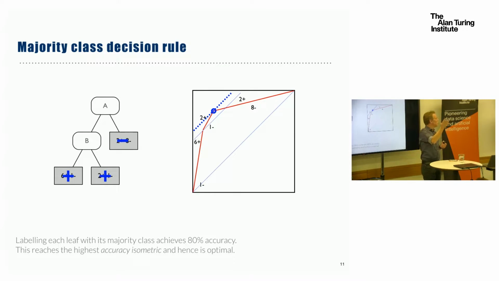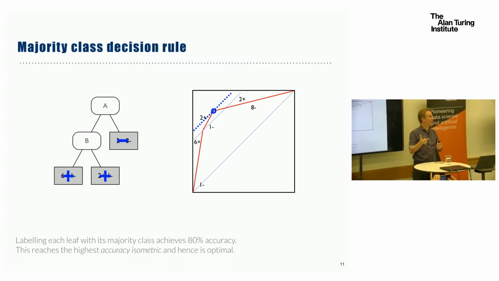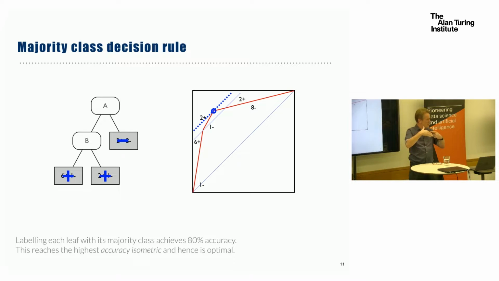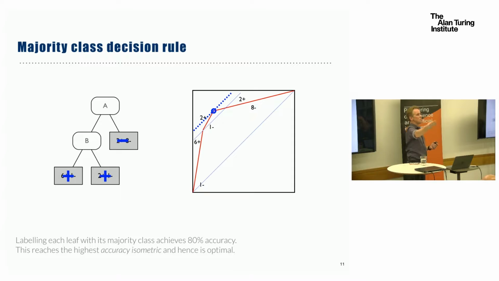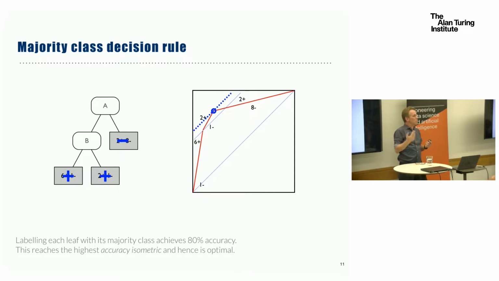So the thing that you already did in your head, which was majority class, is optimal under the assumption that I have an equal class distribution and under the assumption that my misclassification costs on the classes are the same. Okay, so I will often treat class distribution and unequal misclassification cost as 2 sides of the same coin. Okay, so you have reasons to do better on the positives than on the negatives. That might be because there are simply more positives than negatives, or it might be that mistakes on the positives are more costly than mistakes on the negatives, right? So there's 2 sides of the same coin.